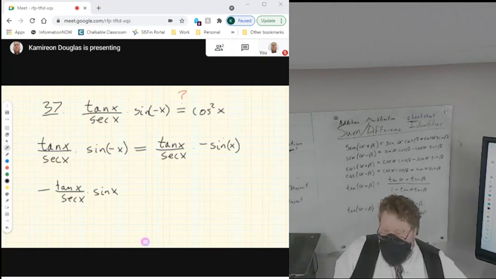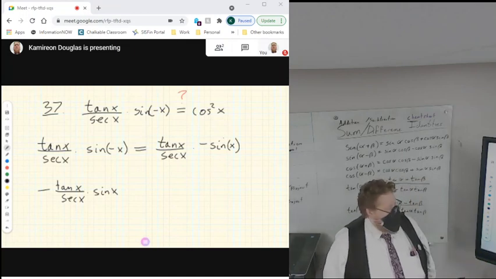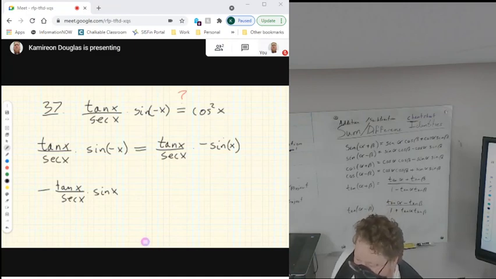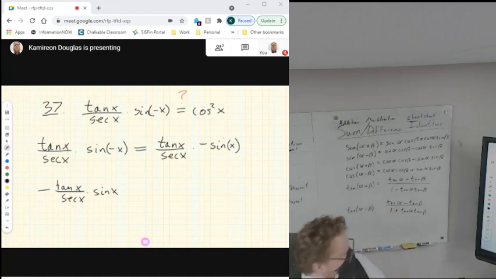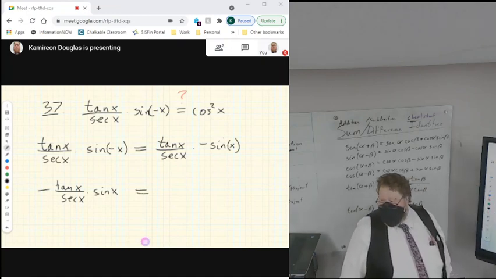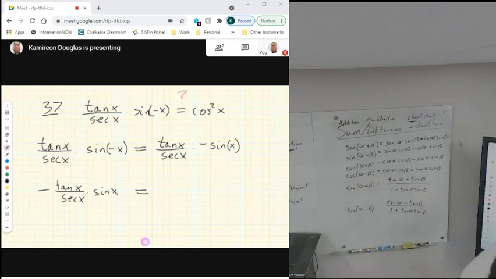Alright? Next. So far, everything you've done is perfect, by the way. Next. You are correct. How do you know that? So he uses the quotient rule and the reciprocal rules. This is negative.